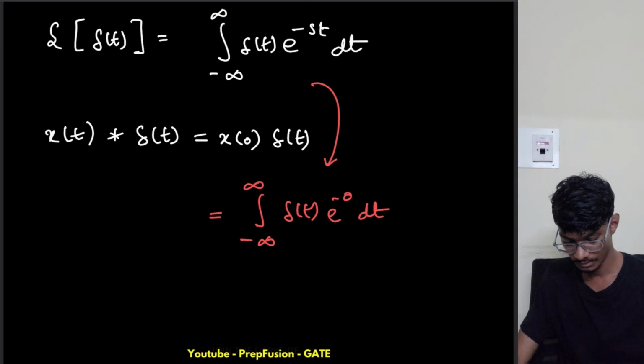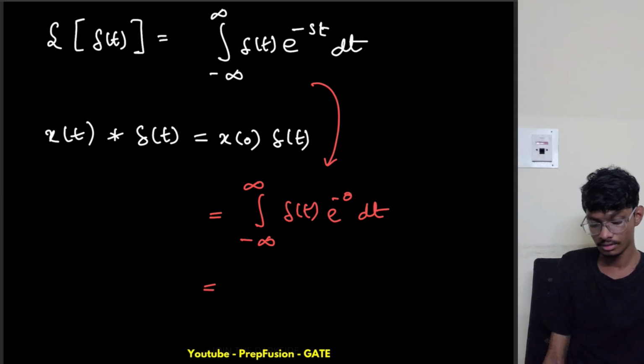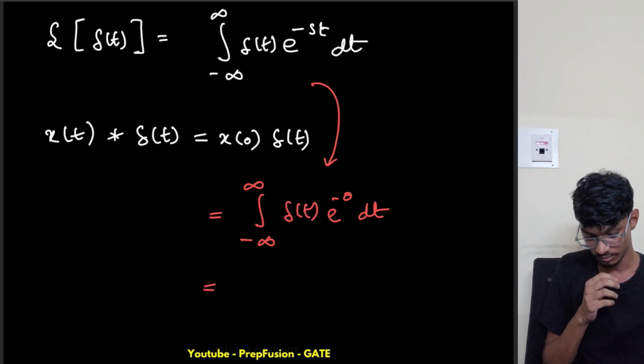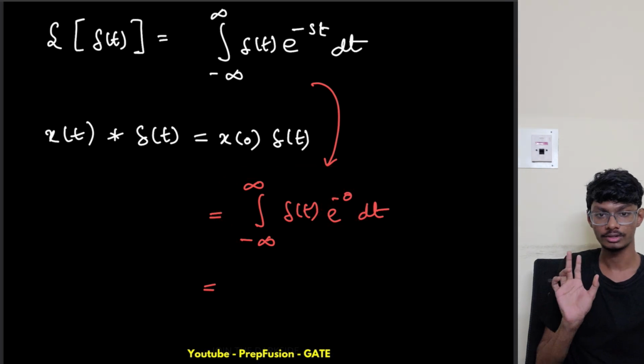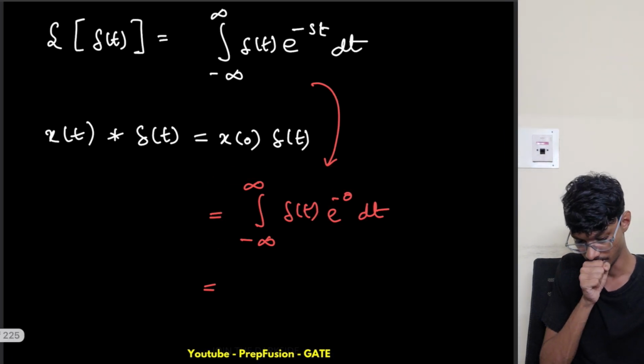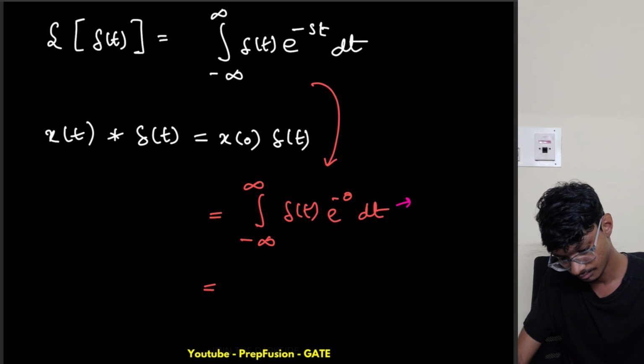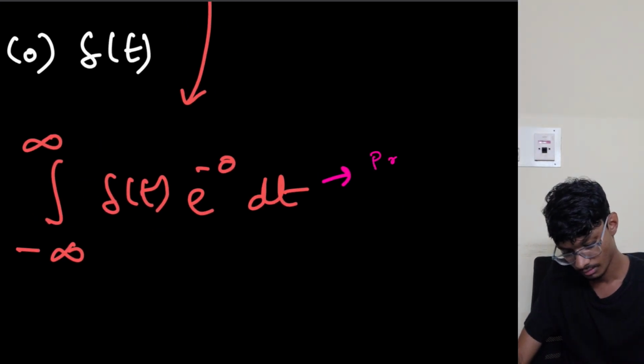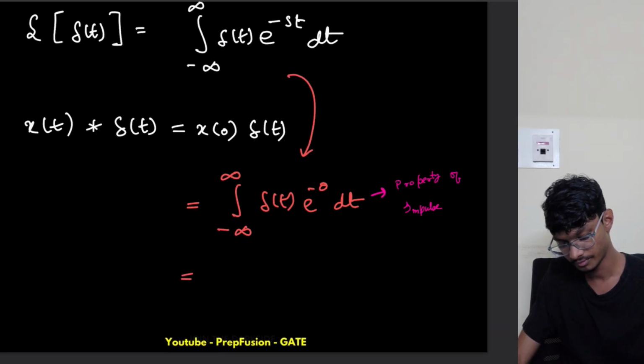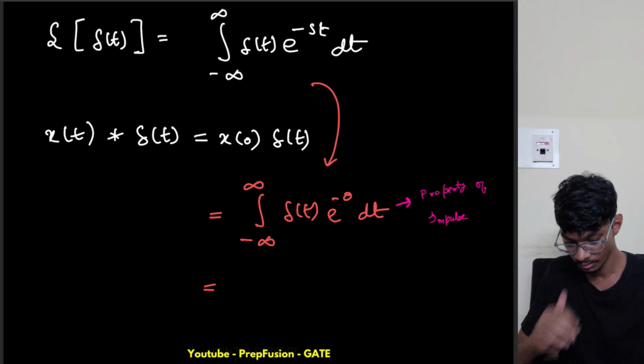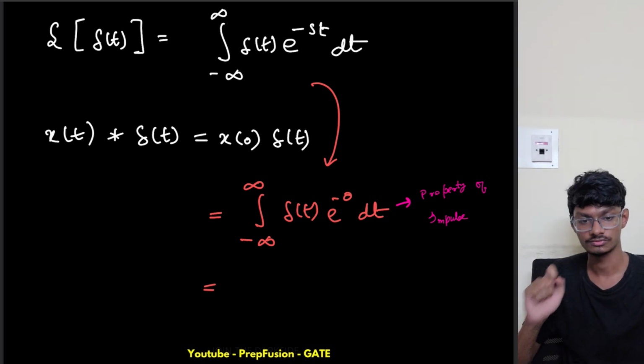Now from the property of impulse, what is this? This value is 1 only.